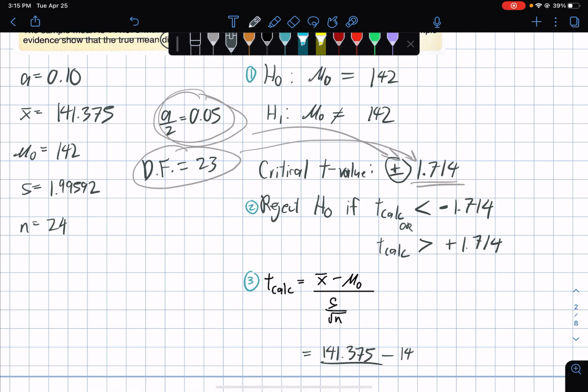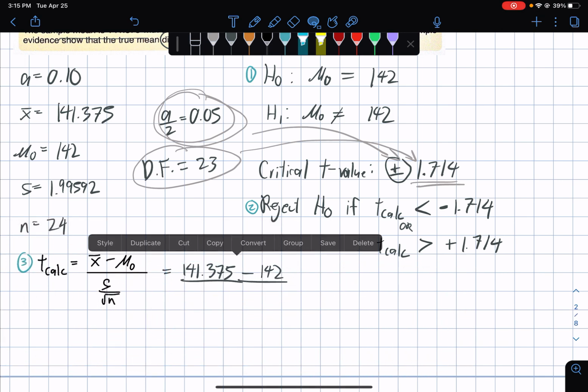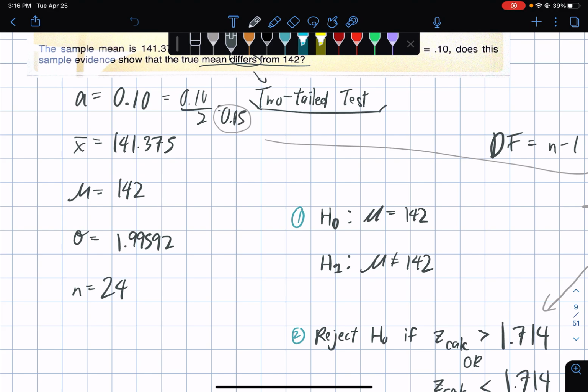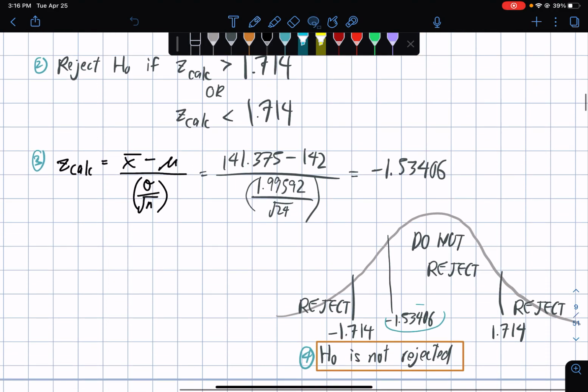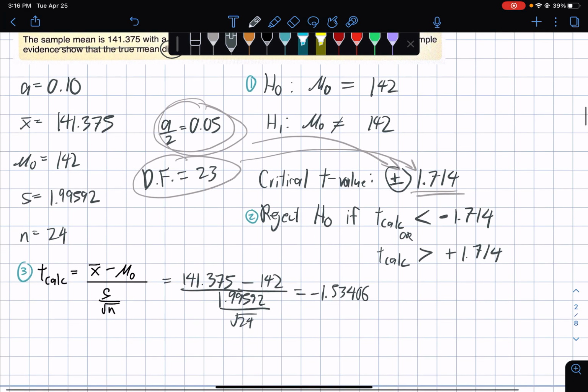And then minus 142, walang space, dito na lang, over S is 1.99592 divided by square root of 24. In the calculator, ang sagot dyan is negative 1.53406.